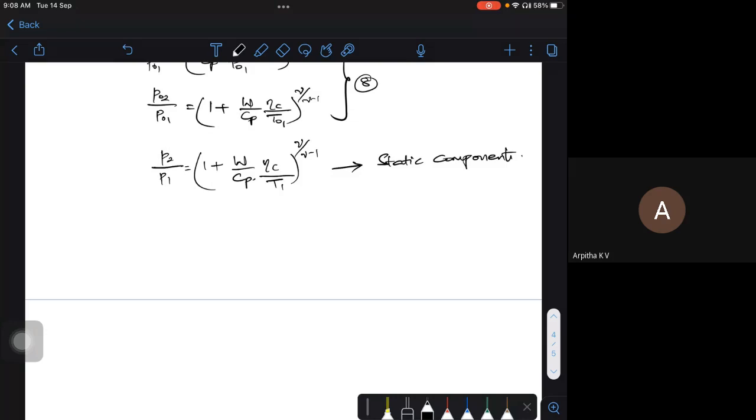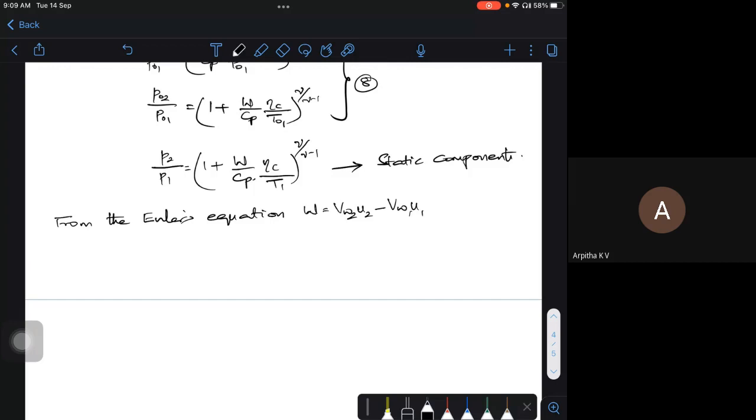And also from Euler's equation, you go back and recall from your turbomachines course. From Euler's equation, I can write W, the work that is done, in terms of whirl velocity: VW2 into U2 minus VW1 into U1, where VW2 is the whirl velocity at the exit and U2 is the blade velocity at the exit, and VW1 is the whirl velocity at the inlet and U1 is the blade velocity at the inlet.